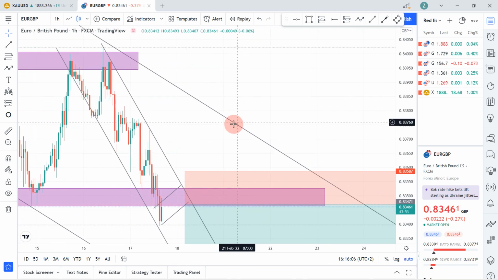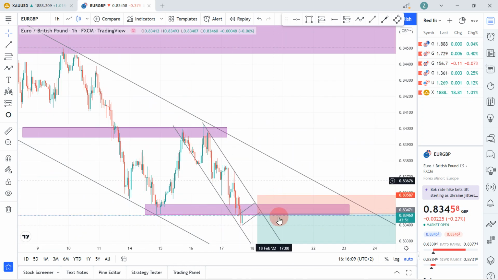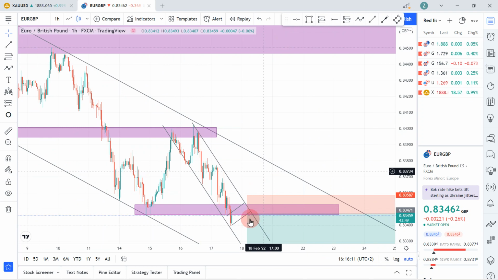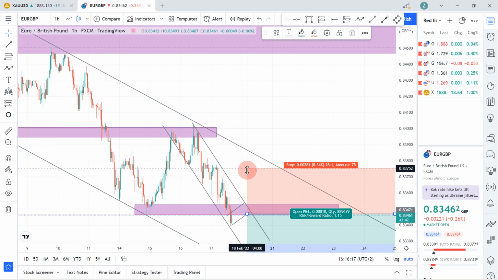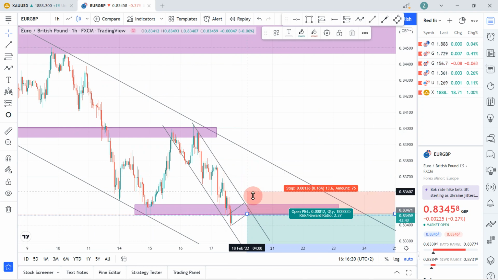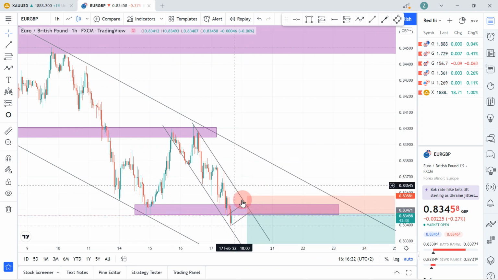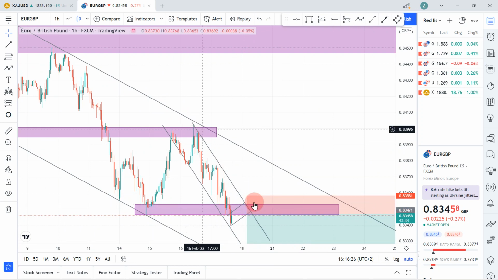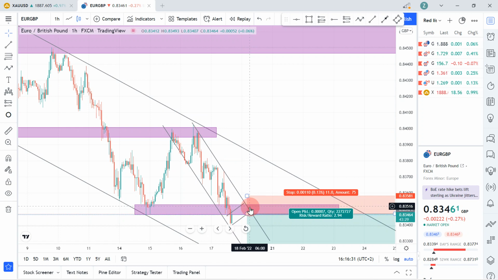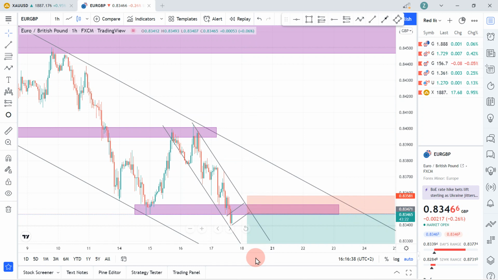So this is how I would enter my sell, and why would I place my stop loss above this entry here and not at a risk reward ratio of 1:1.5? Because I see that the market would make my third touch, and normally when the trend is forming a third touch, it's more powerful to make an impulse move.